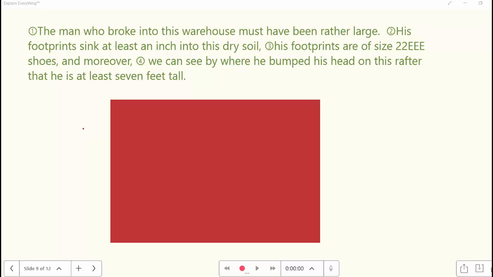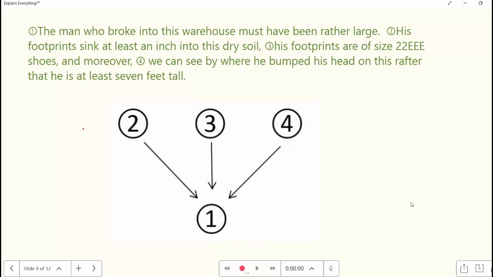Okay, let's take a look at how this should be diagrammed. So here we have a horizontal pattern, and let's think about why that's the case.